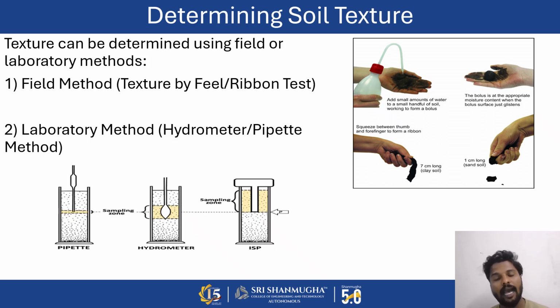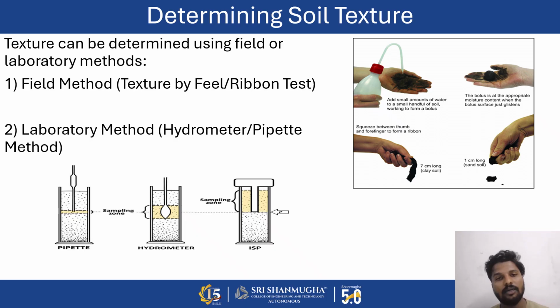Third, squeeze the bolus between the thumb and forefinger to form a ribbon. And finally, a clay soil forms a long and durable ribbon, for example it might be 7 centimeters long, while a sandy soil forms a short and weak ribbon, for example 1 centimeter long. So clay soil gives a longer ribbon when compared with sandy soil.